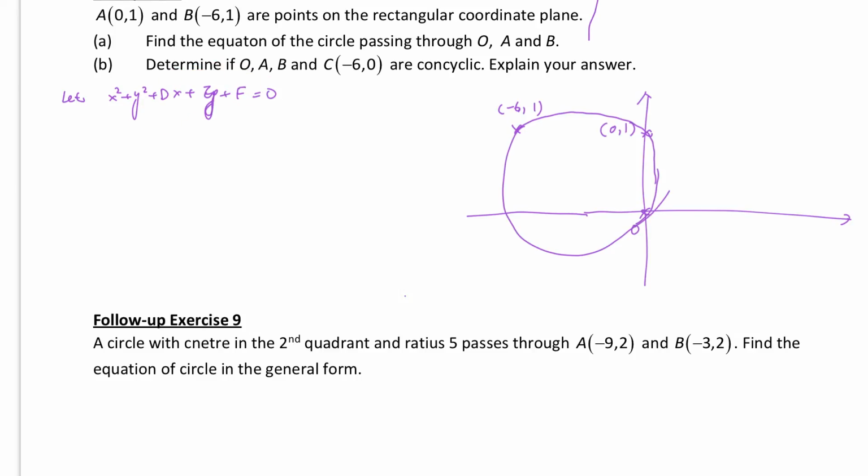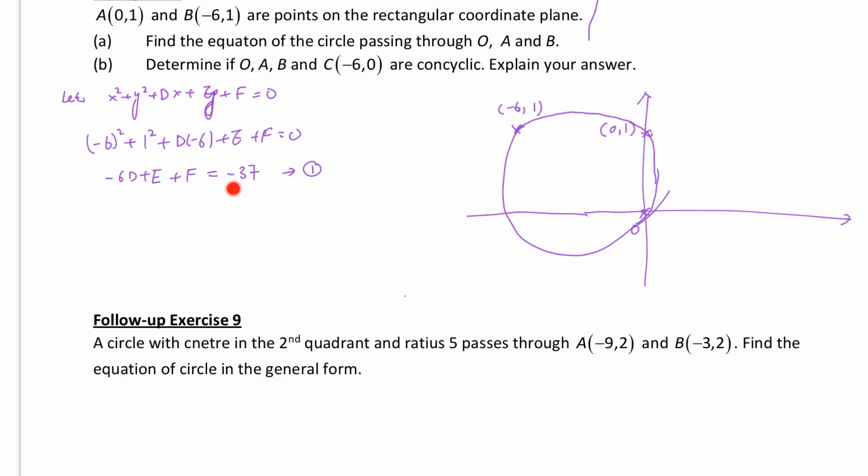We can substitute, because I know this coordinate satisfies the equation. So (-6) squared plus 1 squared plus D times -6 plus E plus F is equal to 0. So -6D plus E plus F is equal to, putting all the constant terms on the right hand side, -37. This is equation 1.